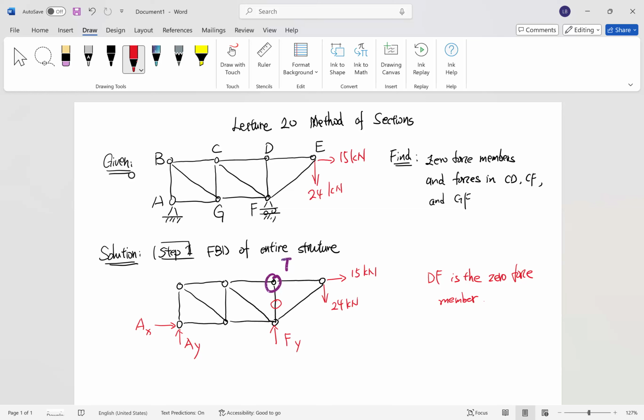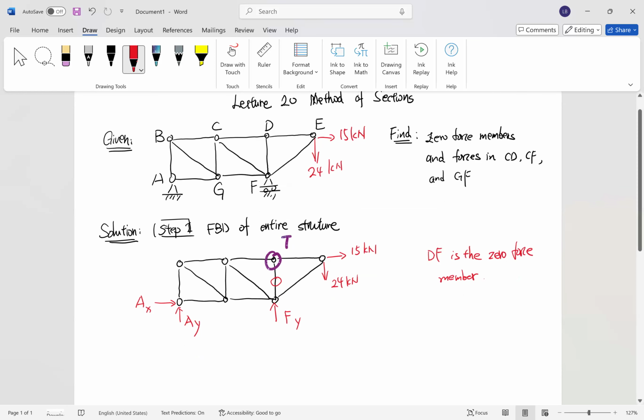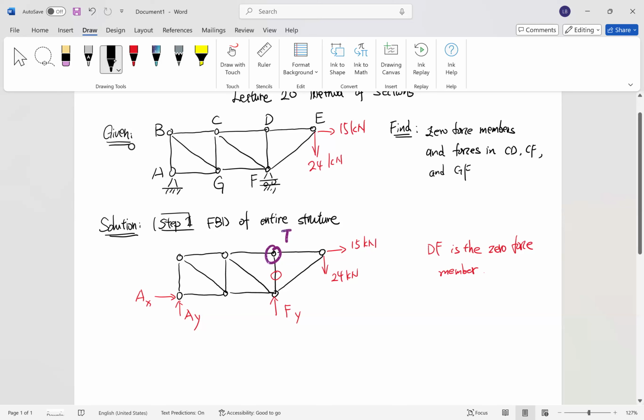In our quiz and exam, you will be asked to identify zero force members, so please make sure to practice it.